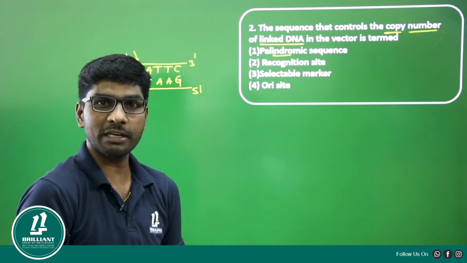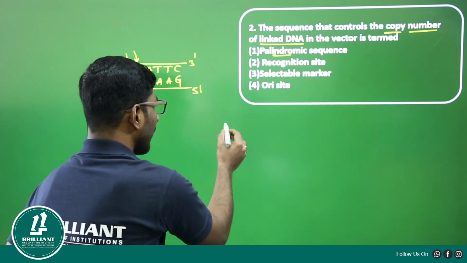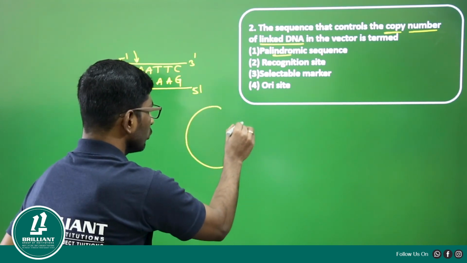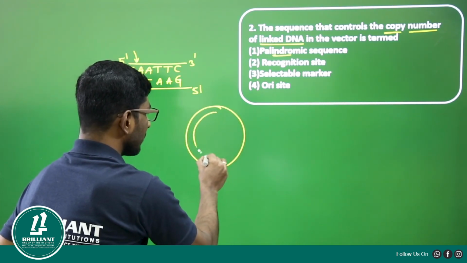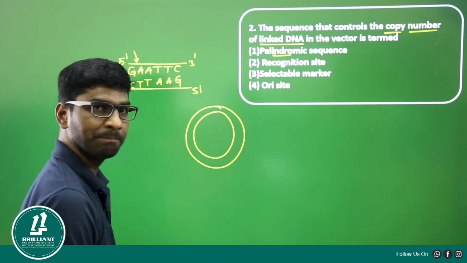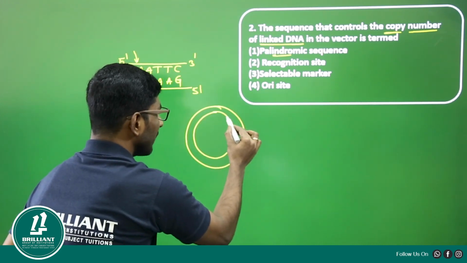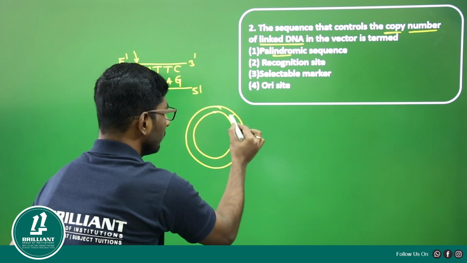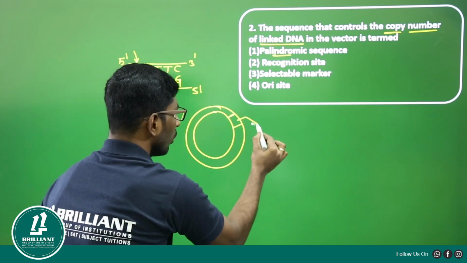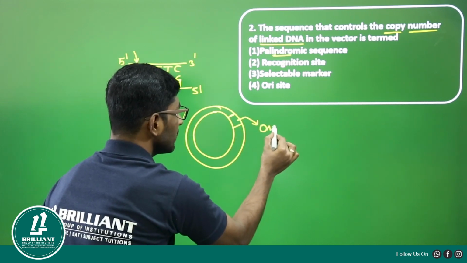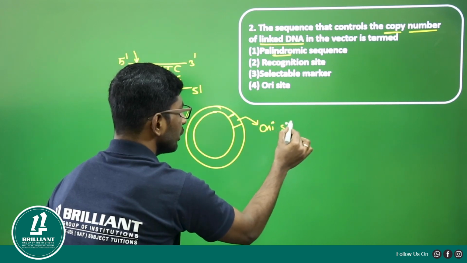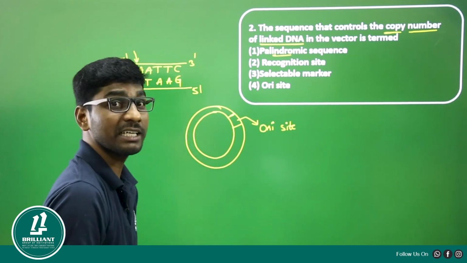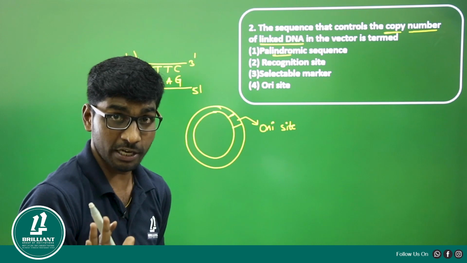Third, selectable marker. How many of you remember, if I take extra chromosomal DNA in bacteria called plasmid, one place is known as what? ORI site. Origin of replication, where exactly the replication starts. Yes or no?